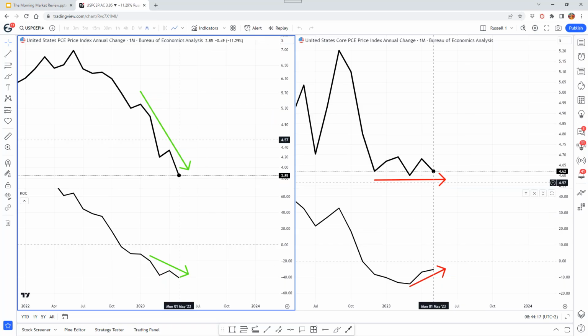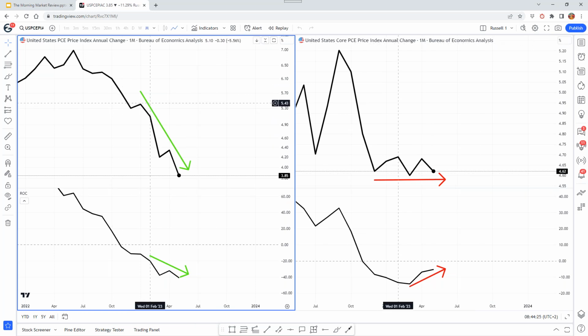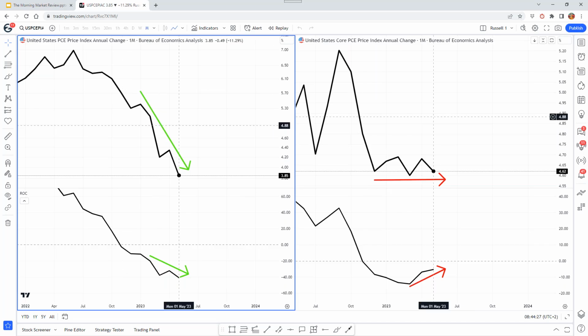What we have on the left here is the headline PCE. On the right, we've got our core PCE. The core PCE is the PCE without volatile items such as energy and food.